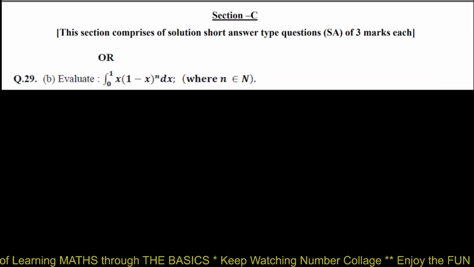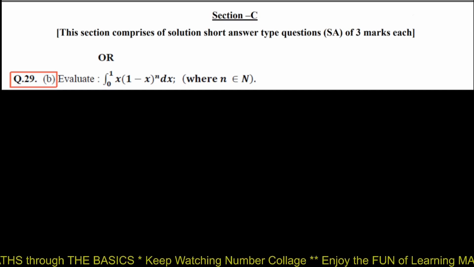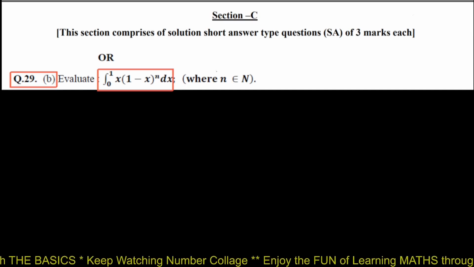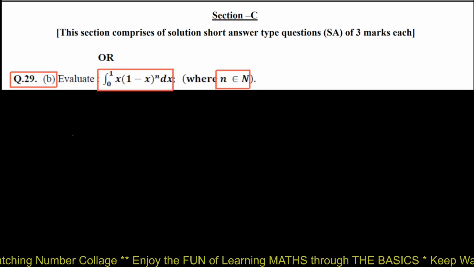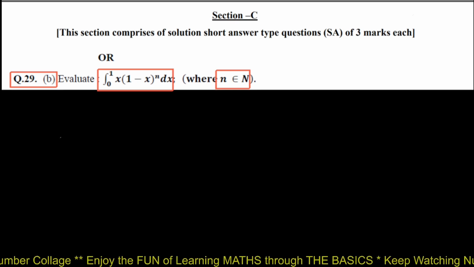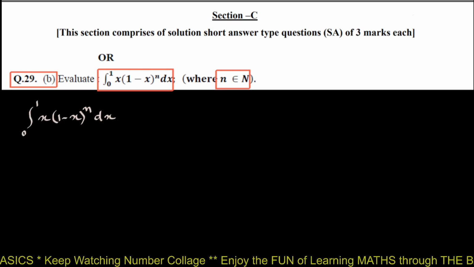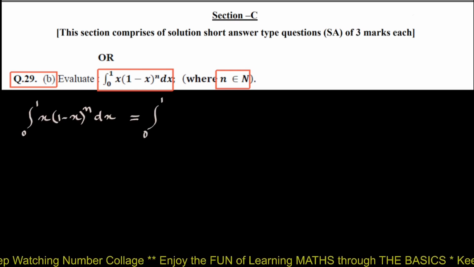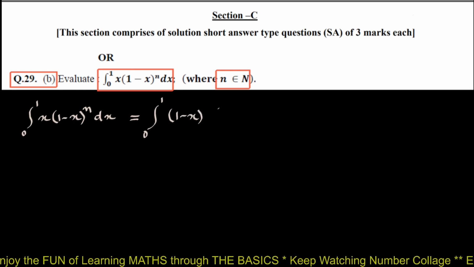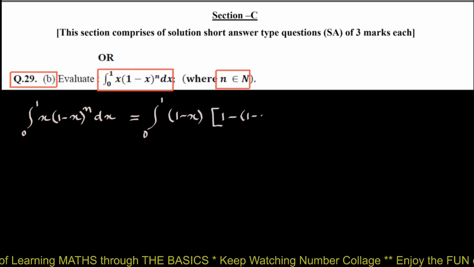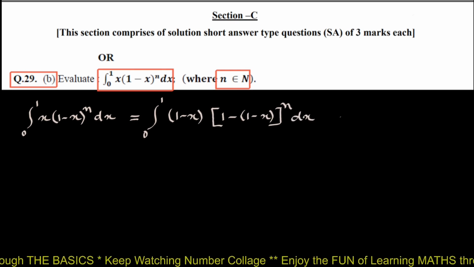Question 29b. We have to evaluate this integral where n is a natural number. First we have to simplify this integral and then we will solve it. So the given integral will be integral from 0 to 1 of (1 minus x) into (1 minus x) raised to n dx.